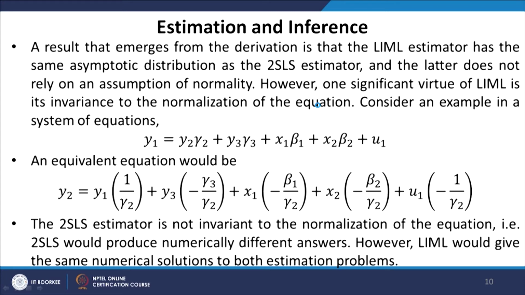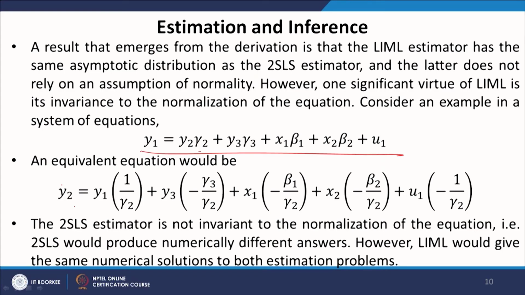Whenever we go for any kind of normalization, LIML results do not change with that. We give an example: we consider this equation and the same equation written while taking y2 to the left hand side. When we take y2 to the left hand side and bring y1 to the right hand side, then in order to make its coefficient equal to 1, we divide the entire equation by gamma 2.